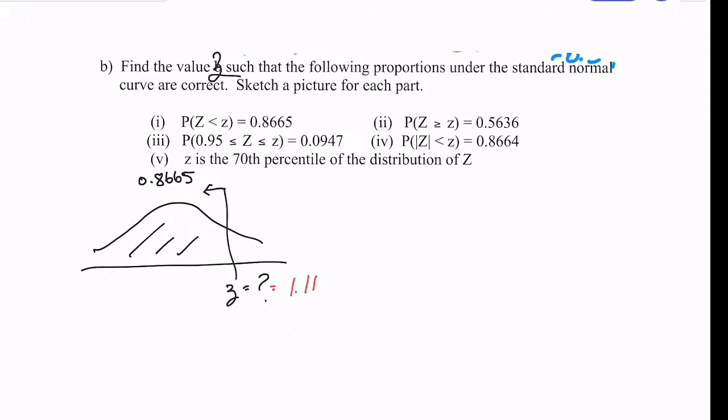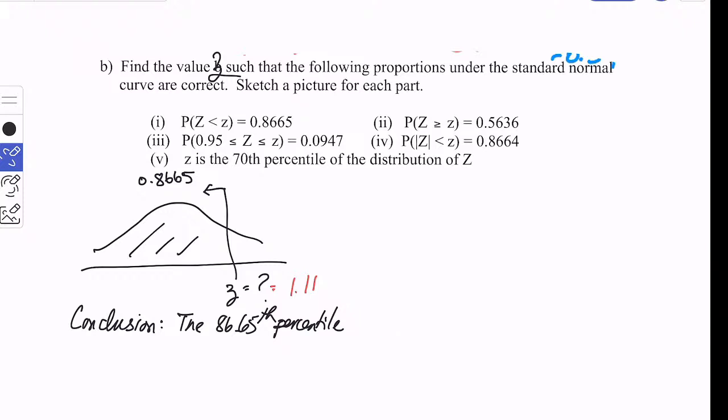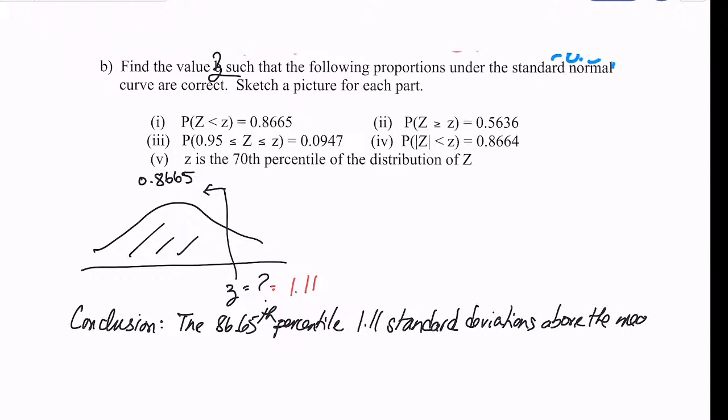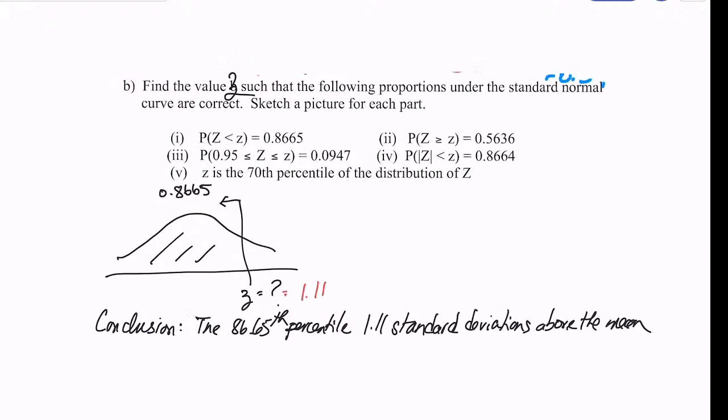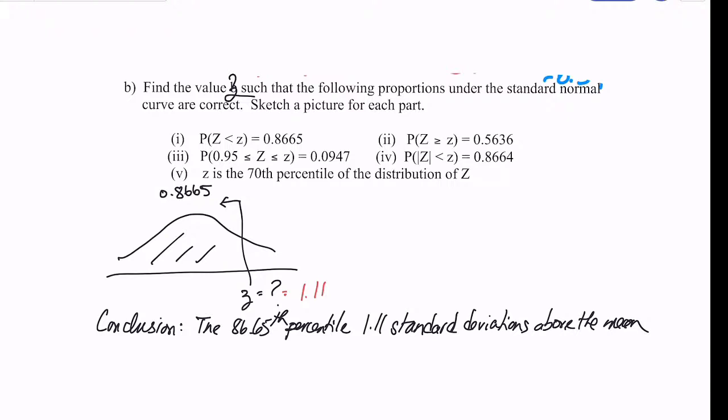Questions? Okay. So the conclusion is that the 86.65th percentile is 1.11 standard deviations above the mean.